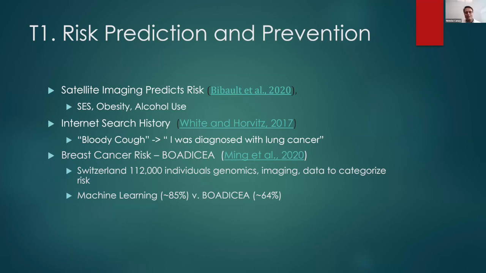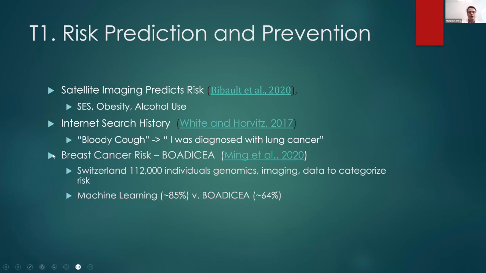And even internet search history. In this study, a patient in January was searching for bloody cough, and then later in June would Google, I was diagnosed with lung cancer. Based on that, you can utilize internet search history to predict someone's risk of cancer.